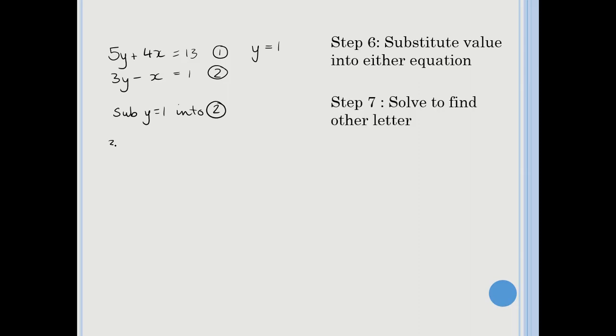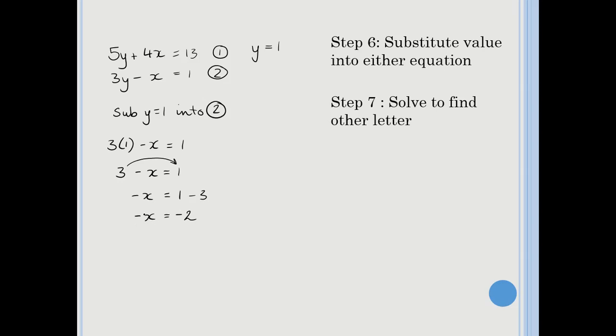So that becomes 3 bracket 1 subtract x equals 1. So 3 subtract x equals 1. I've now got an equation, and I'm just going to use my rules of equations to solve that. So that 3 needs to be over here. I've got negative x equals 1, subtract 3, opposite side, opposite operation, negative x equals negative 2.